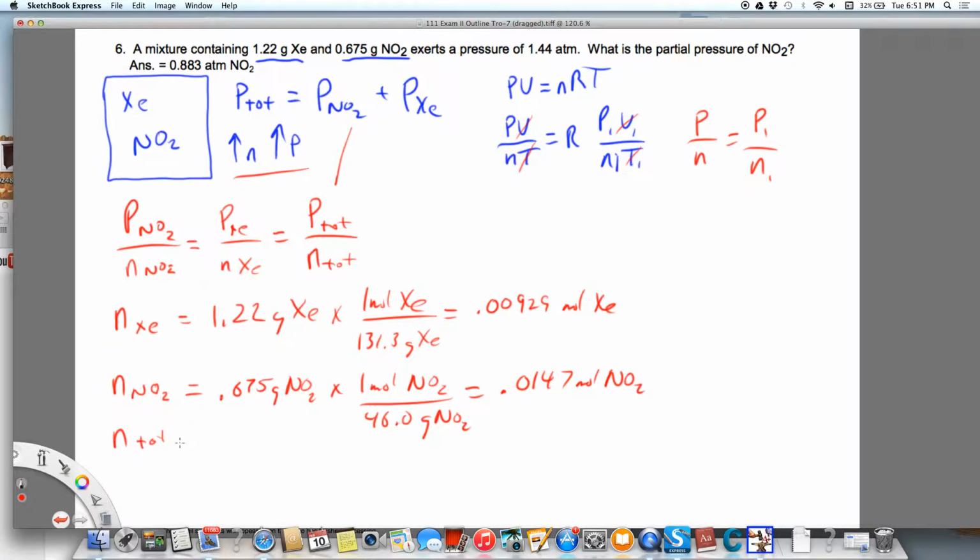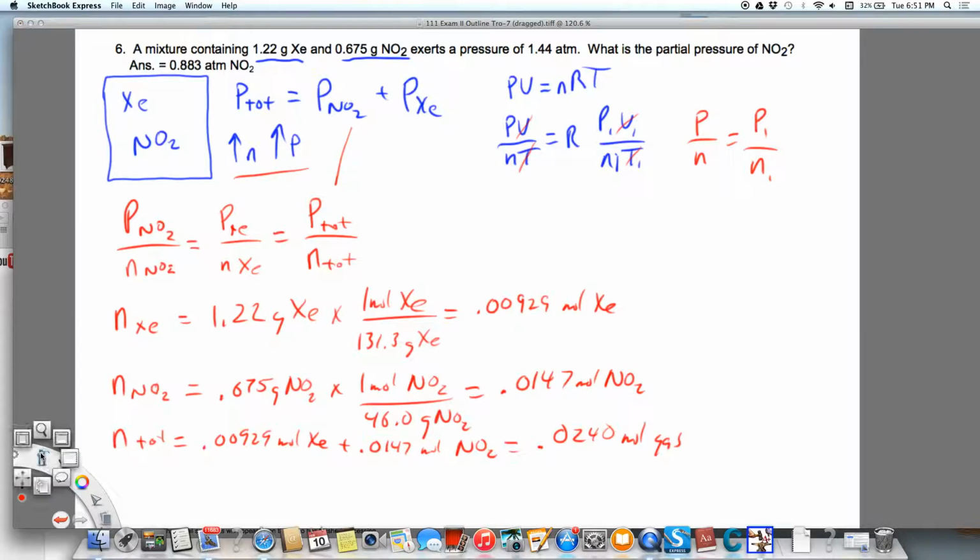So my total moles is going to be 0.00929 moles of xenon plus 0.0147 moles of NO2, and that's going to equal 0.0240 moles of gas. That's going to be my total.